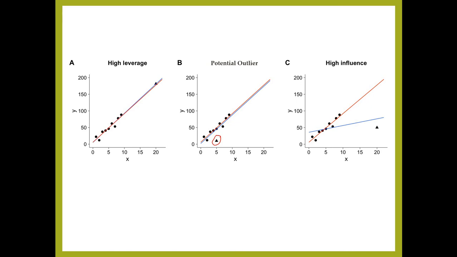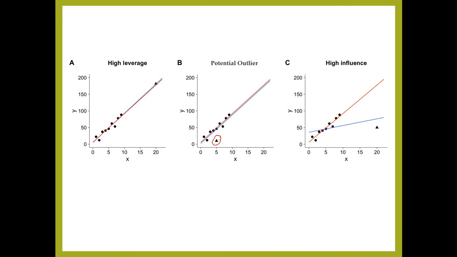However, if you see the red and blue lines, that's the graph with and without that point. So it's not really changing the slope all that much. It's really only changing the y-intercept, and it's not a huge change. That's what happens if you have an outlier that's within your data set. It doesn't get that much of a pull because you have all the other data points controlling the line.